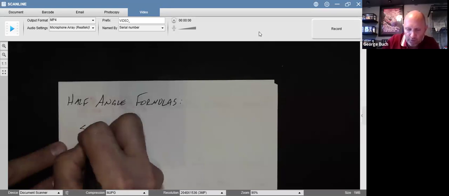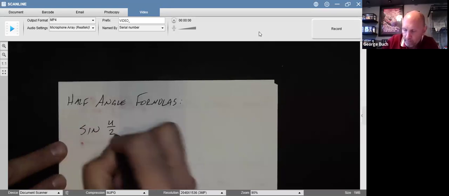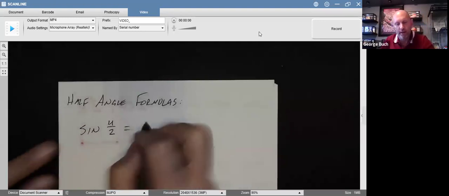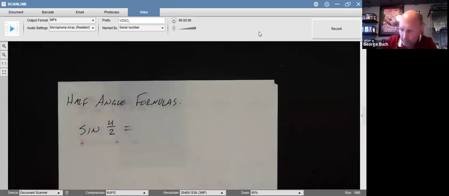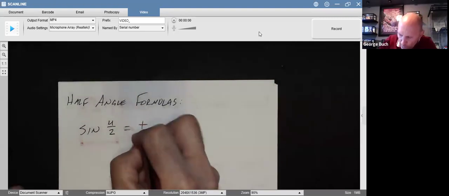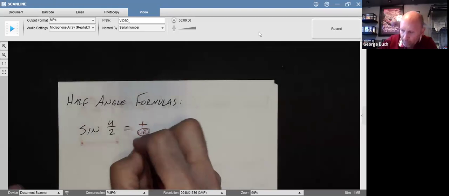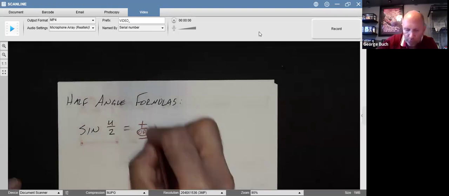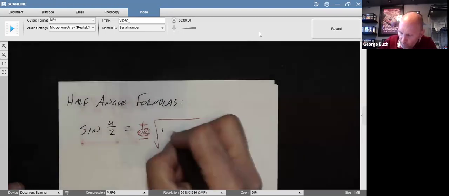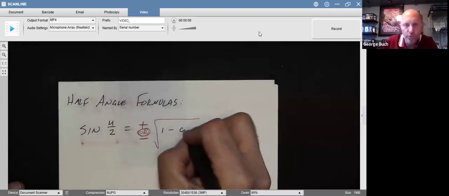If I have sine of u over 2, this is equal to, and I'm going to write it in red pen to set it off here, plus or minus the square root of 1 minus cosine of u, all over 2.